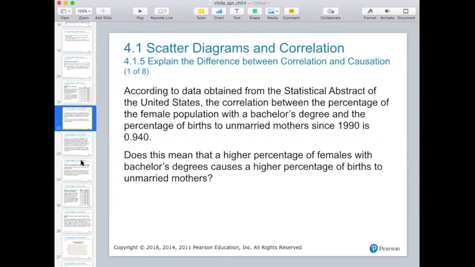So read that carefully and see what you think. Look at the information that we're looking at. The correlation between the percentage of female population with a bachelor's degree and the percentage of births to unmarried mothers. Now that high correlation coefficient, 0.94, says that the relationship on the graph of these two things is very strong and positive.